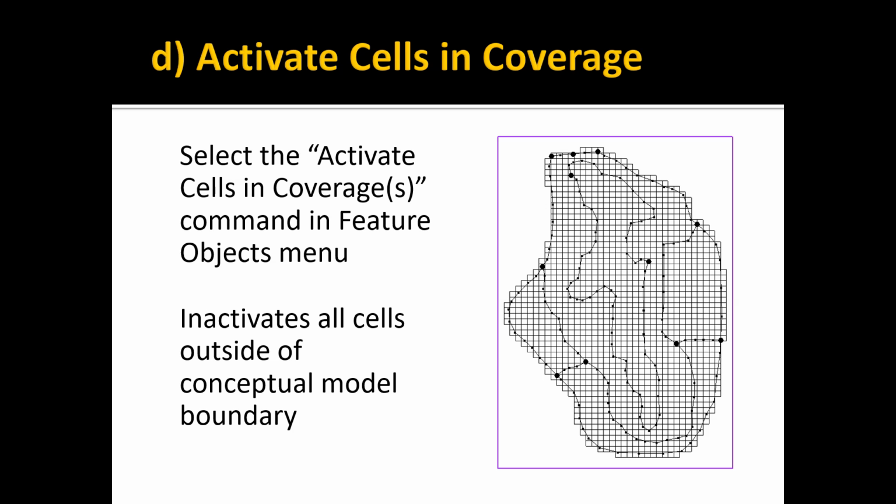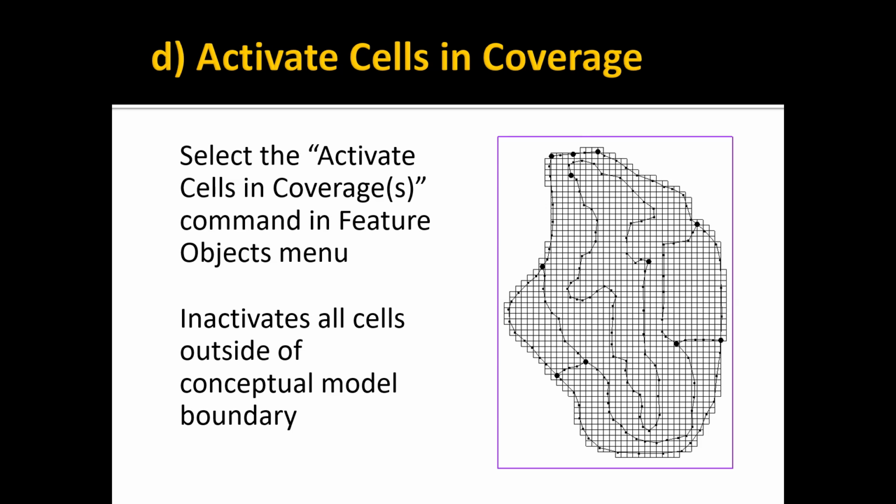Everything inside it stays on. For some boundaries, if it's even just partially overlapped, it stays on, and for other boundaries, like no-flow boundaries, it has to be mostly inside to stay on. And so it properly activates all of the cells that should be active.